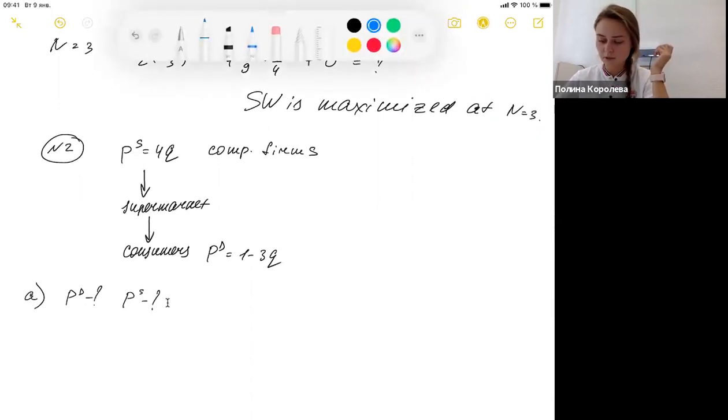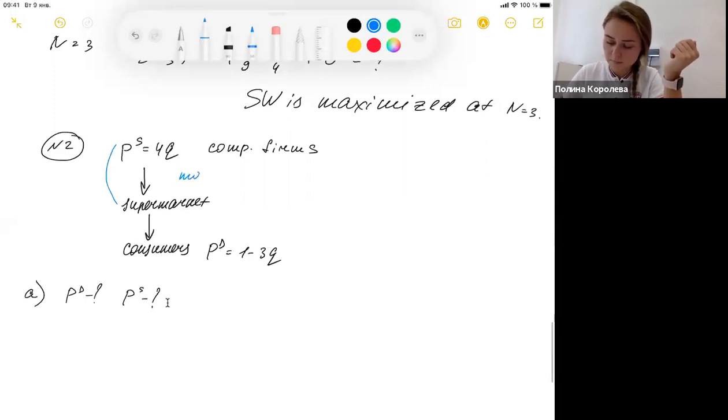So let's look at our stages. The supermarket buys apples from farmers. So in this stage, we have only one buyer, the supermarket, and many sellers. This situation we call monopsony. Yes, monopsony. So our monopsonist supermarket controls the supply.